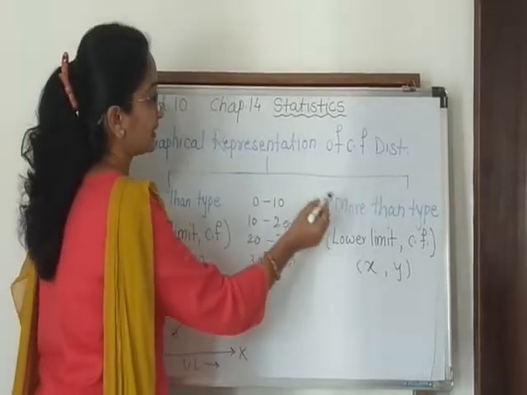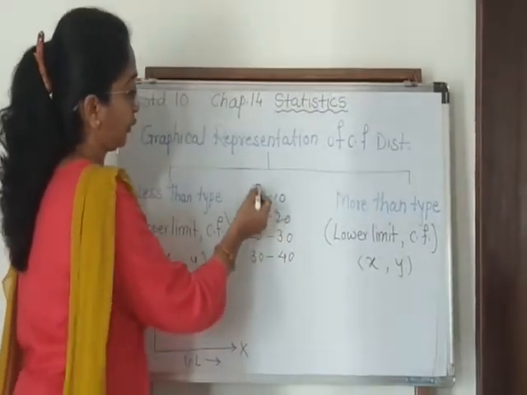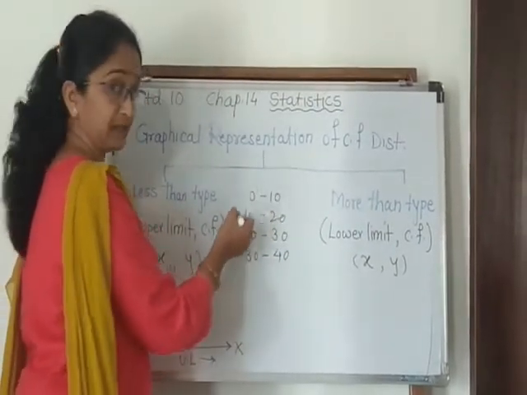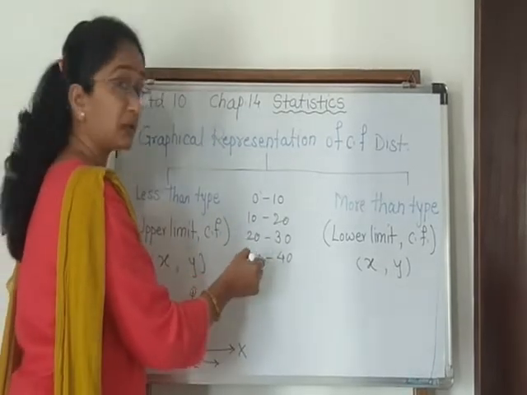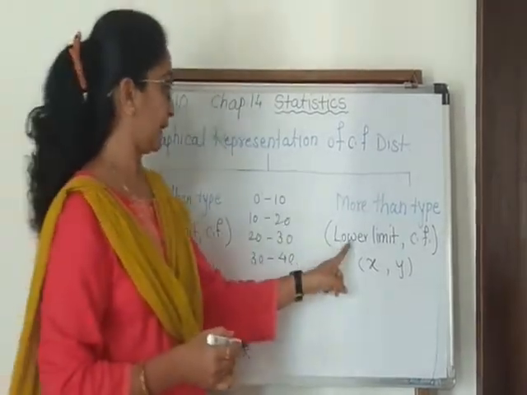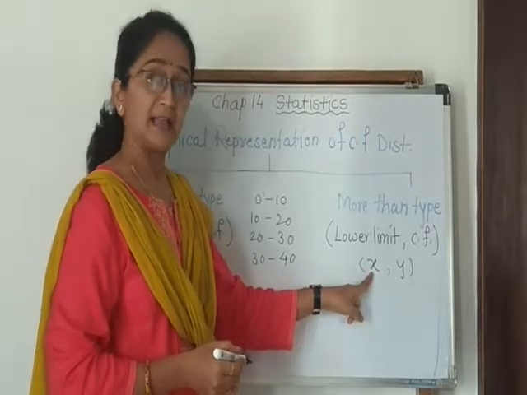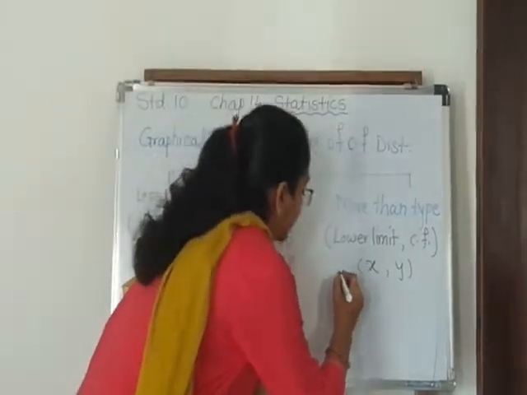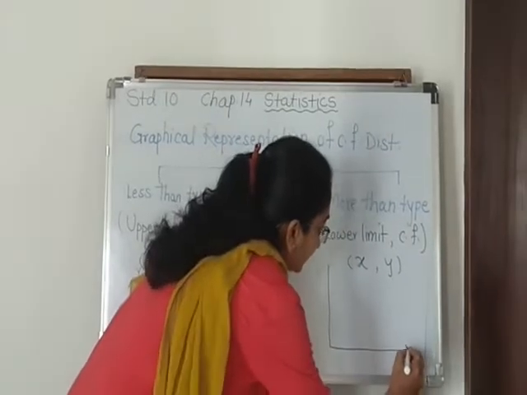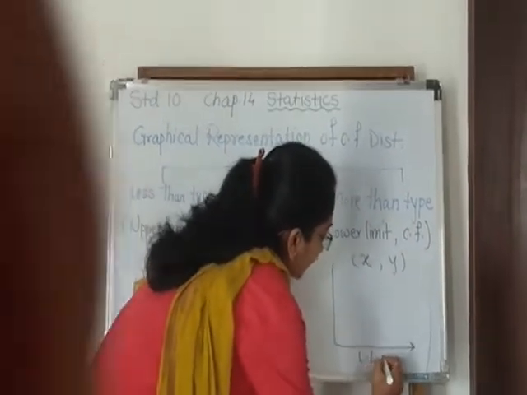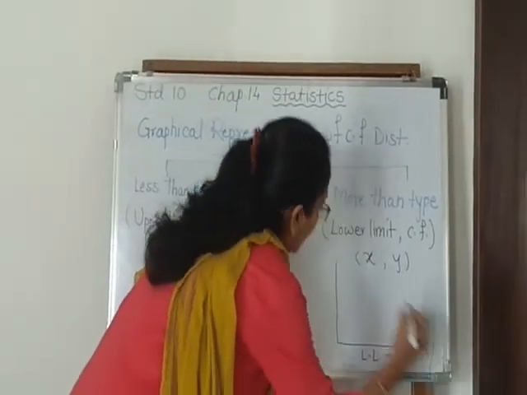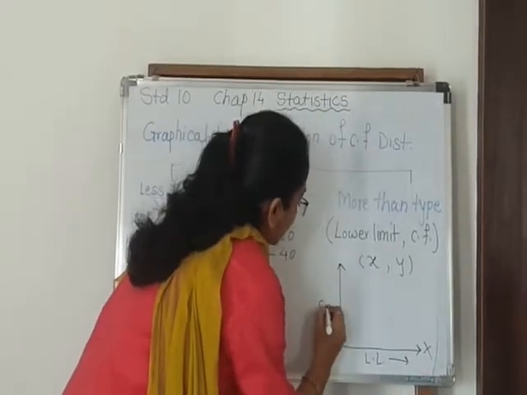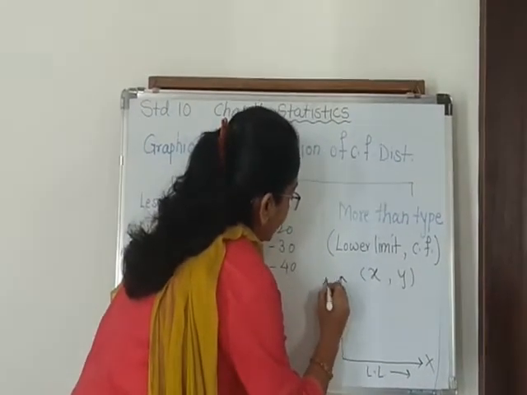That means for this type of frequency distribution, we are considering the lower limit here. So we are taking the lower limit as our x-coordinate here. That means we have to take these lower limits along the x-axis and the corresponding cumulative frequencies along the y-axis.